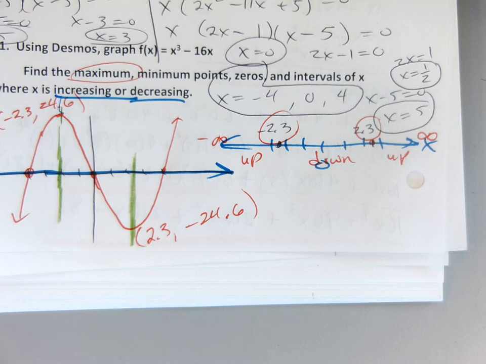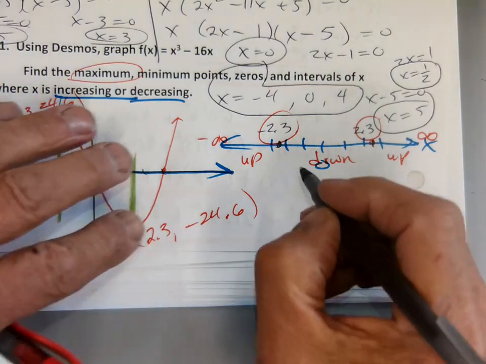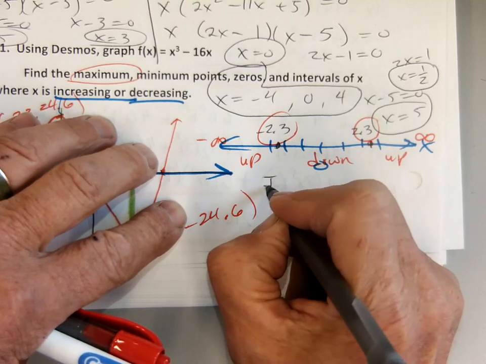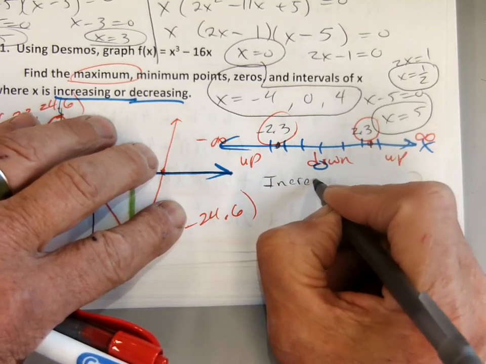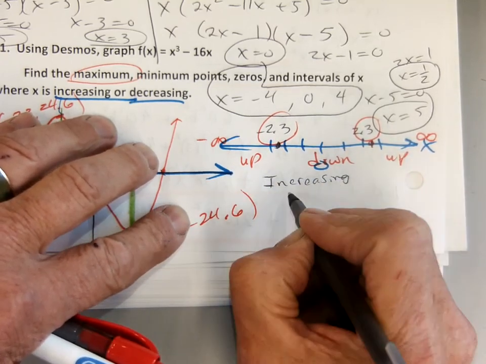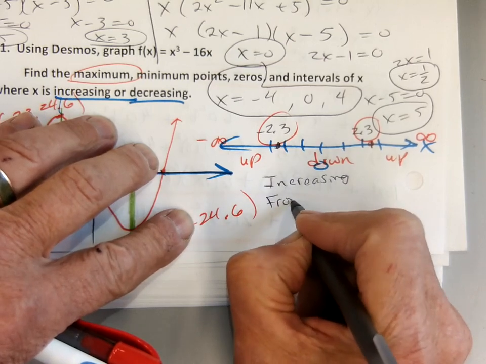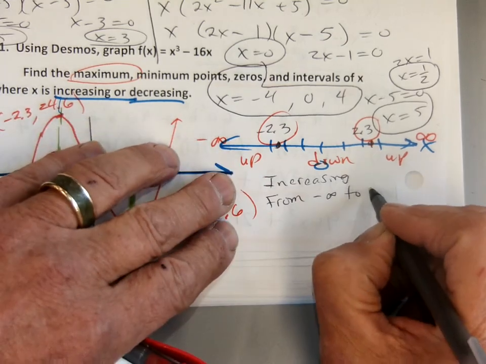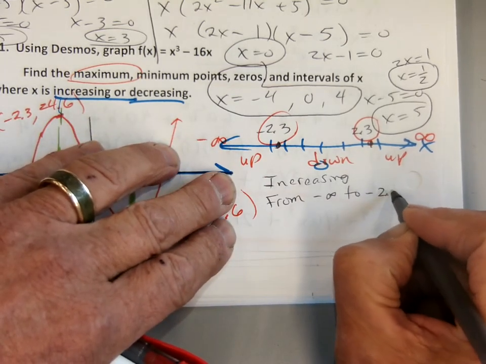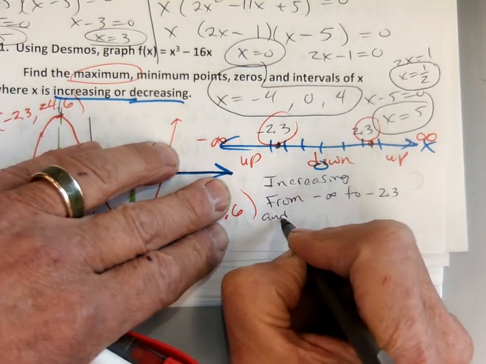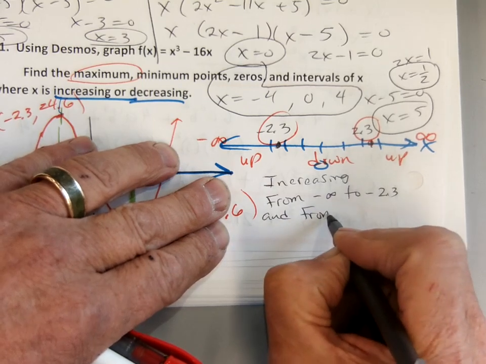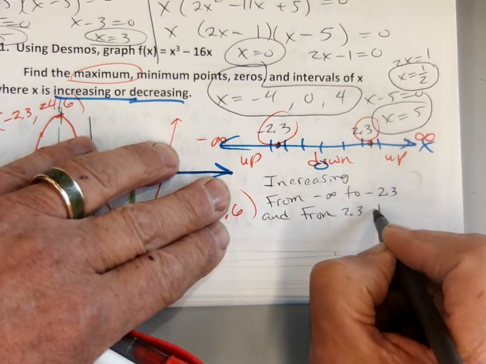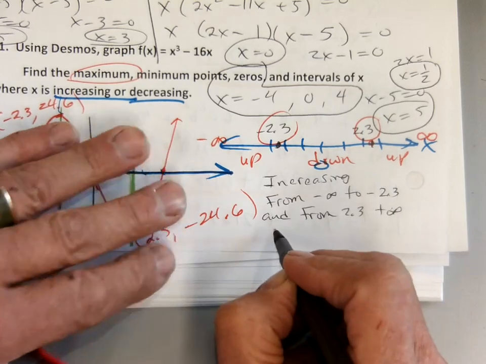So if I say, okay, increasing, we're going to go from negative infinity to negative 2.3 and from 2.3 to infinity. It's going uphill, right?